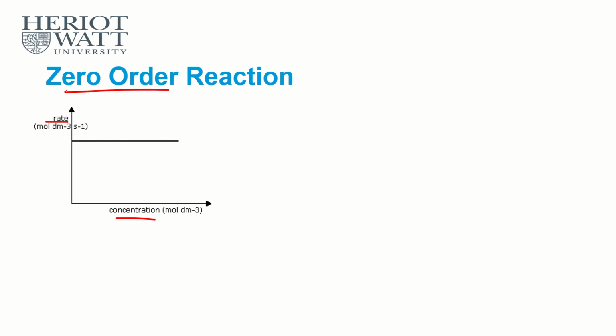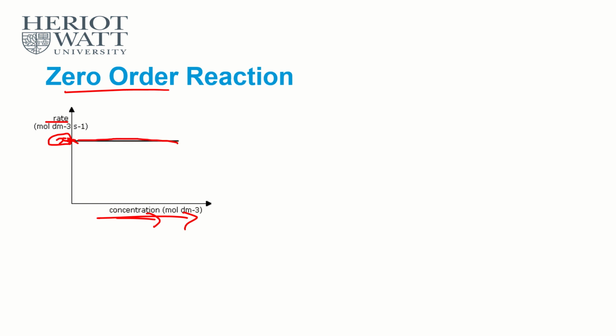All right. Now, zero order, I've explained that, but look at the graph. If you have zero order, you will have a graph like that, rate against concentration, and you have a straight line here. So that makes sense, because zero order means that the concentration is increasing across the x-axis, but the rate remains the same because the line is horizontal.